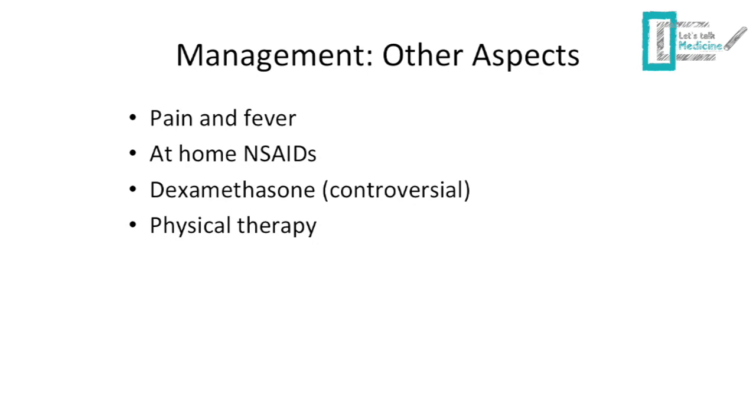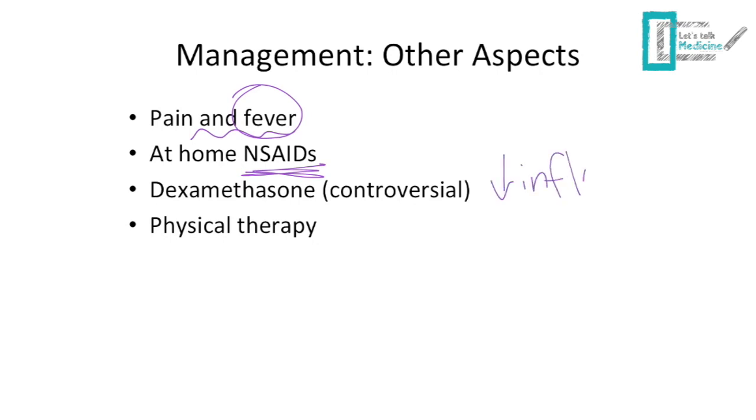Other things you should know about the management, that you have to manage the other aspects of the patient, like the pain. So you have to give pain medication, antipyretic for the fever, non-steroidal anti-inflammatory drugs for controlling of the pain at home. Sometimes they use dexamethasone to decrease the inflammation.